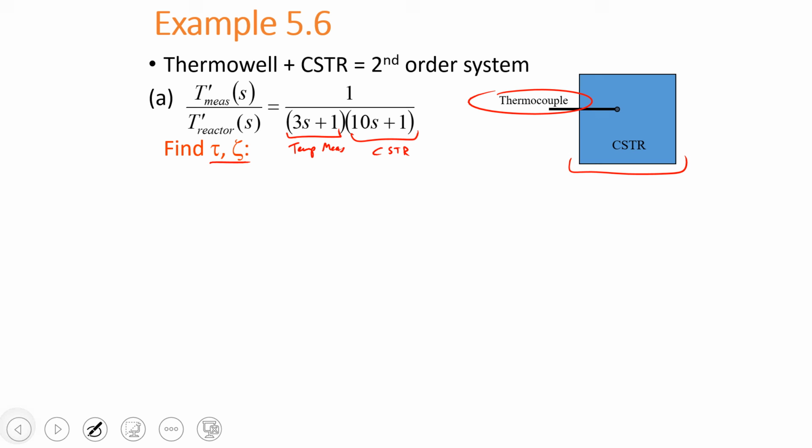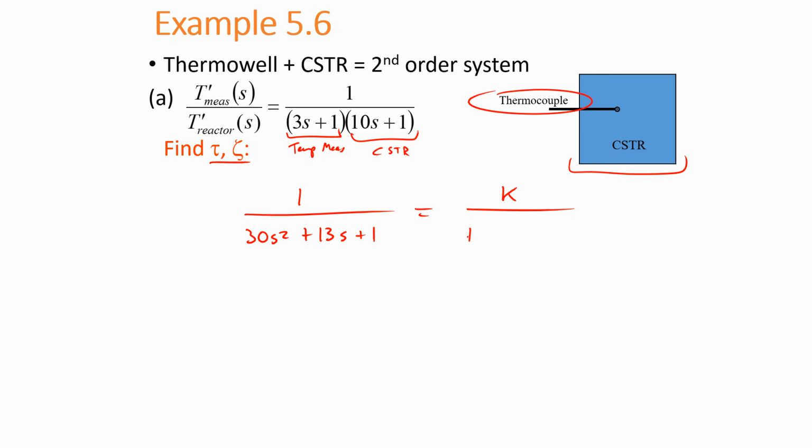Actually, let me go back here. If I just multiply this out, I have 1 over 30s squared plus 13s plus 1, and then I have that in this form, tau squared s squared plus 2 zeta tau s plus 1. So tau squared equals 30, or tau equals square root of 30. We can eliminate the negative value; we're not going to have a negative tau.